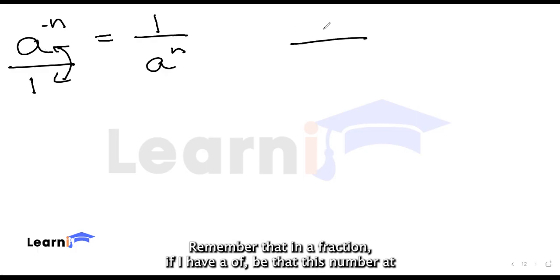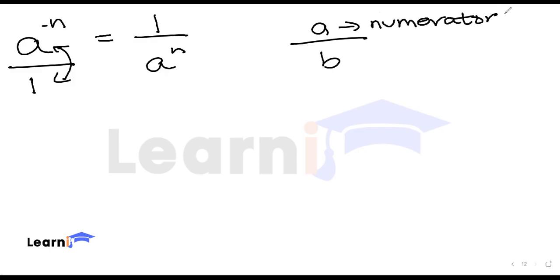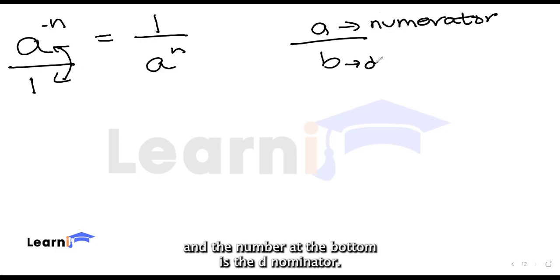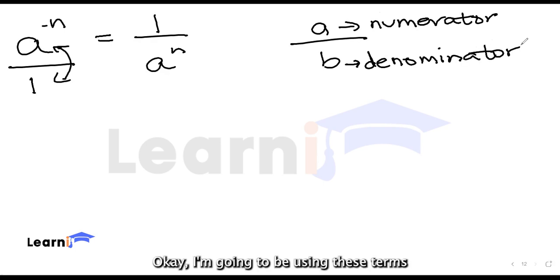Remember that in a fraction, if I have a over b, the number at the top is referred to as the numerator, and the number at the bottom is the denominator. I'm going to be using these terms when we deal with fractions.